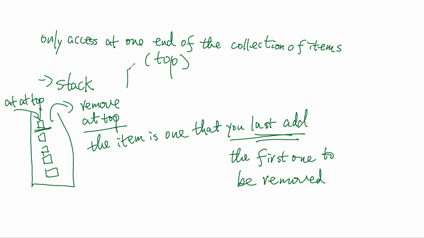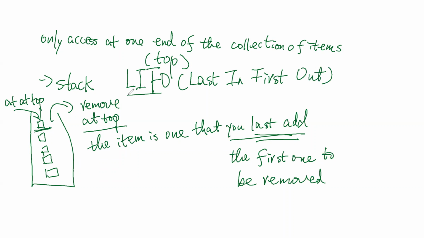So this is called last in, first out, and we call it LIFO. Okay, so stack is a data structure that can be used to store a collection of items, and it has a LIFO characteristic.